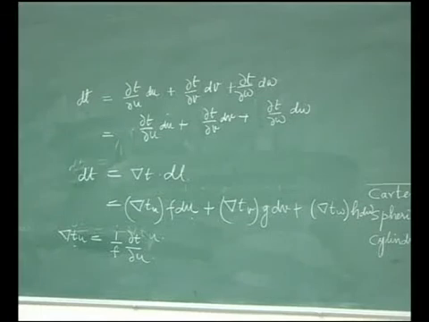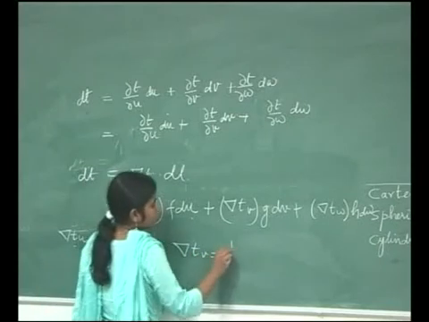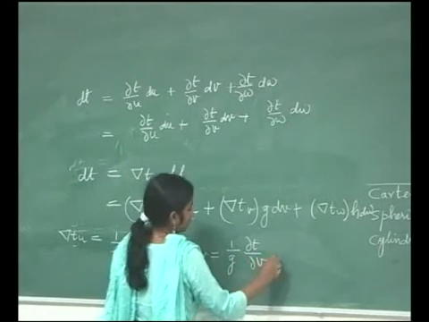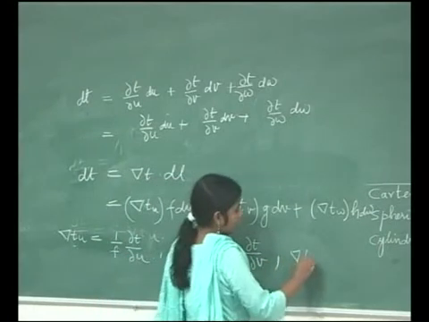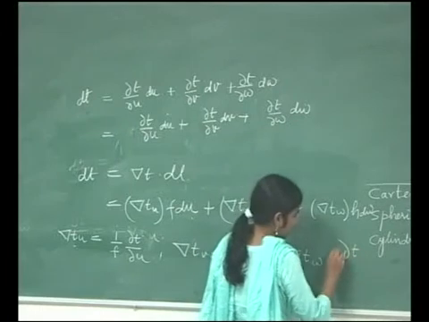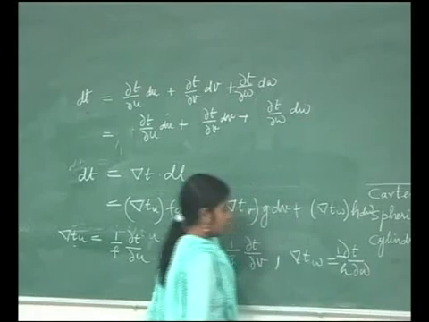And del tv is equal to 1 by g del t by del v, and del tw is equal to 1 by h del t by del w.